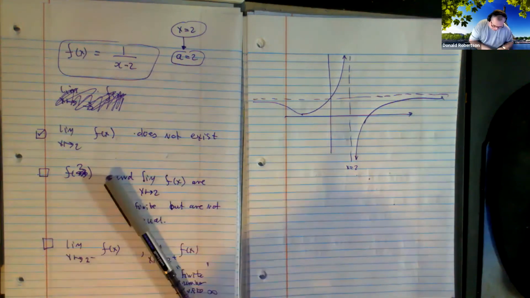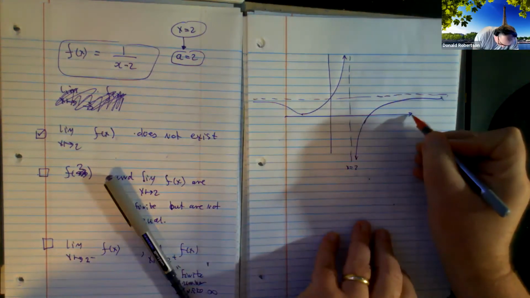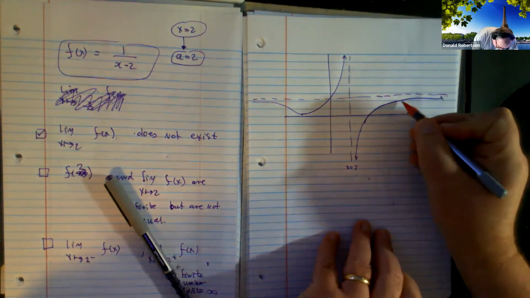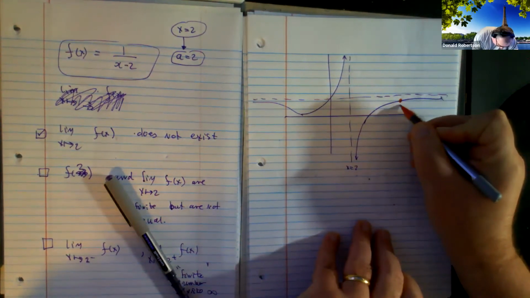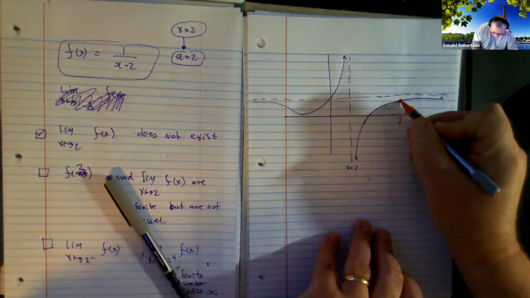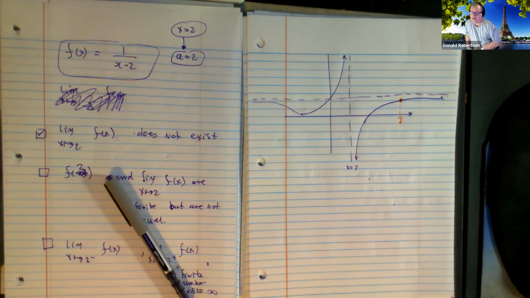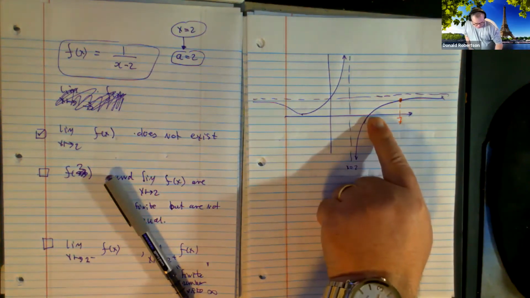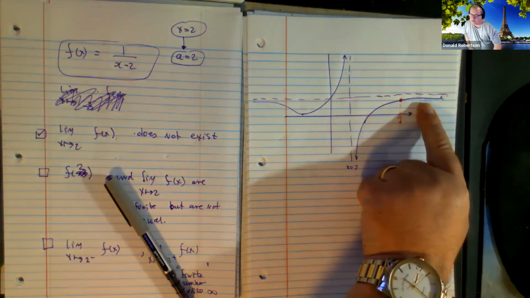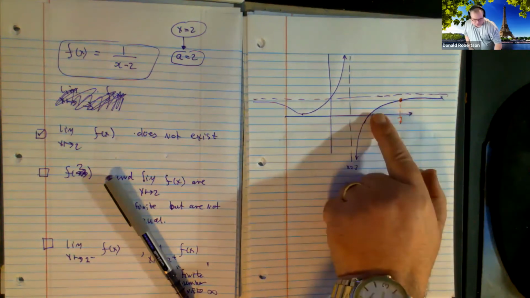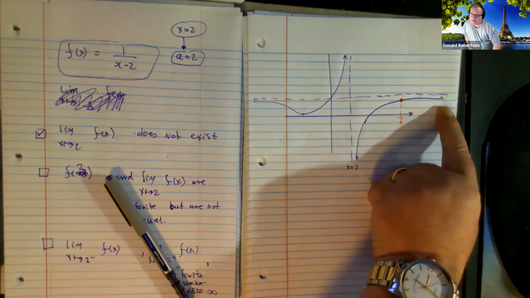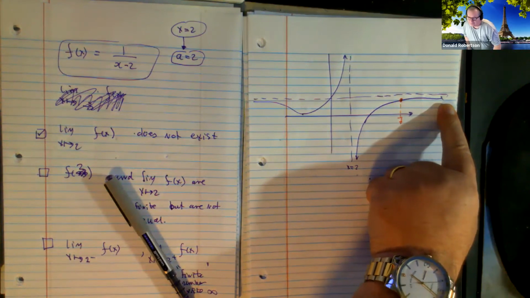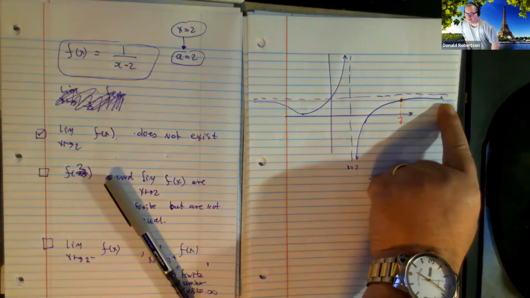Let's try and pick one. If I just pick a random guy like at 7, would you agree that that function is totally okay at x equals 7, isn't it? If you were the little ant driving your car, wouldn't you be able to pass through 7 and not get killed? In fact, couldn't you just keep traveling along that until you died of old age? But that's not right. You're an ant that can live forever.